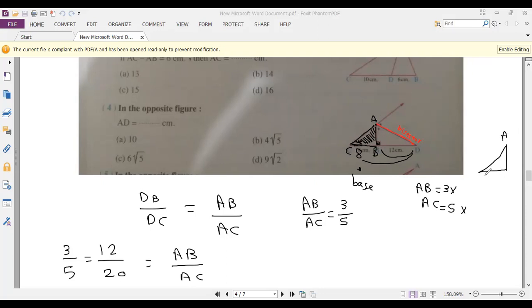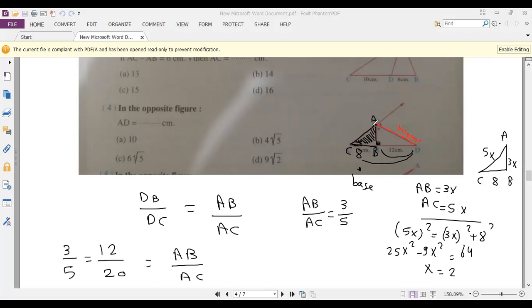So 5x squared equals 3x squared plus 8 squared. As we did in the previous example, 25x squared minus 9x squared equals 64. At the end, you will get x equals 2.